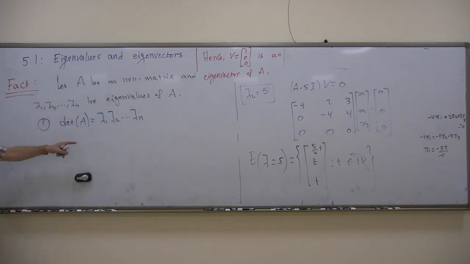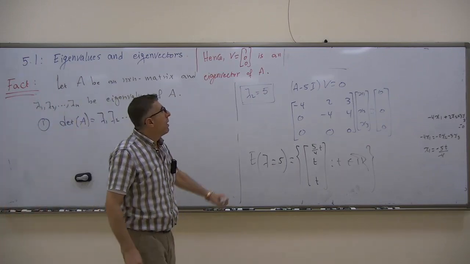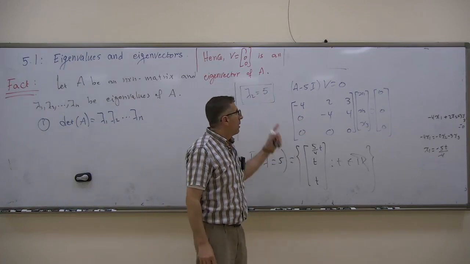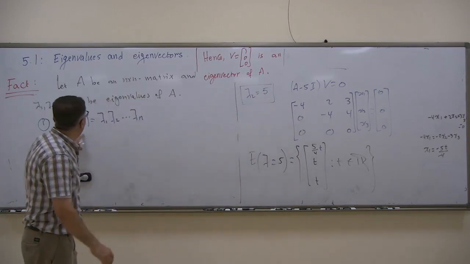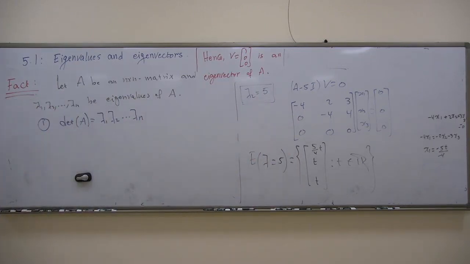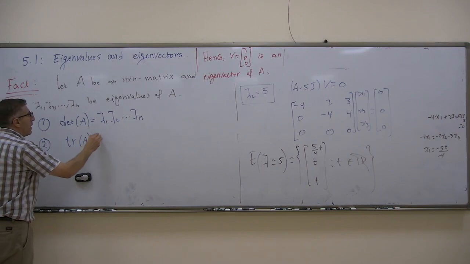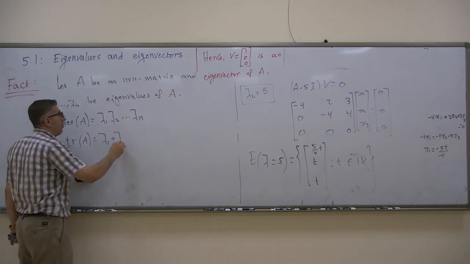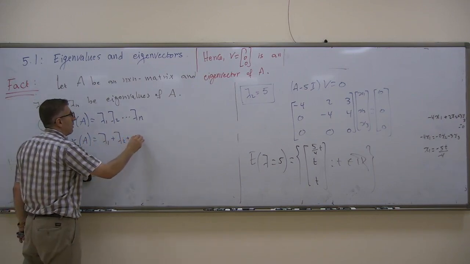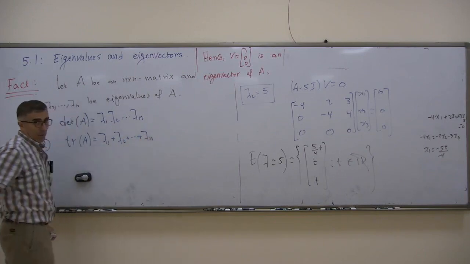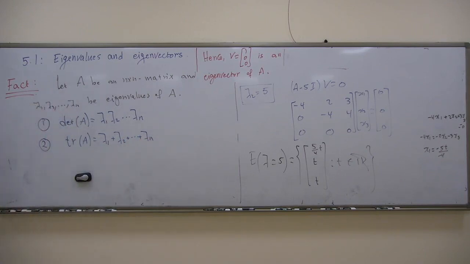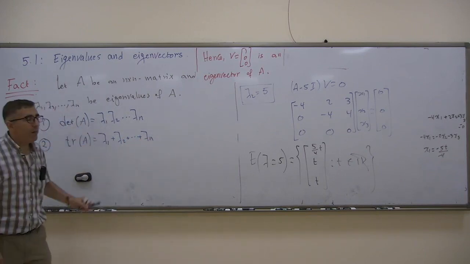Now, if you go back to the examples that I gave you, multiply the eigenvalues, you will find that is exactly the determinant of your matrix. Fact number 2, the trace of your matrix is the sum of the eigenvalues. And that's very interesting. Very simple and very interesting.